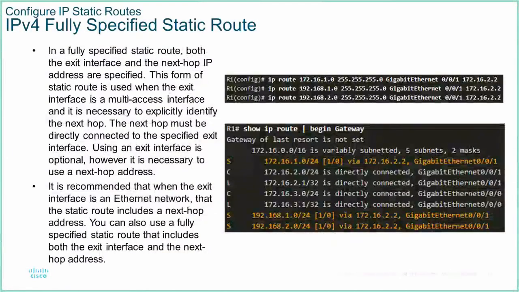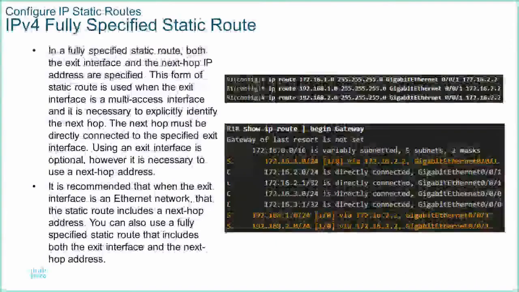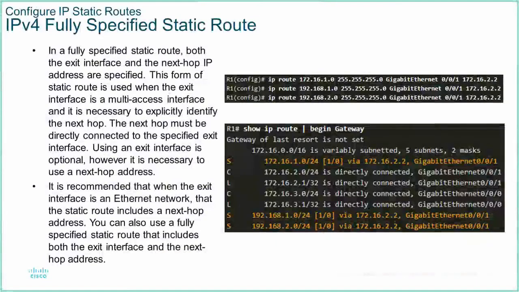In other words, we give it the network address, the next hop address, as well as the exit interface. So it doesn't have to do any more calculations to work out how to send the traffic. So it looks at the network, gets a match on the remote network. It knows which device to send it to and which interface to send it out of. All in one line.